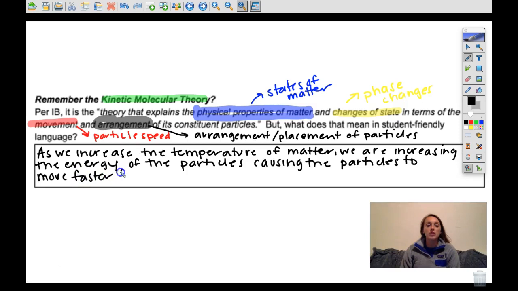And because they're moving faster, that means we're increasing the kinetic energy, which is the energy of motion.